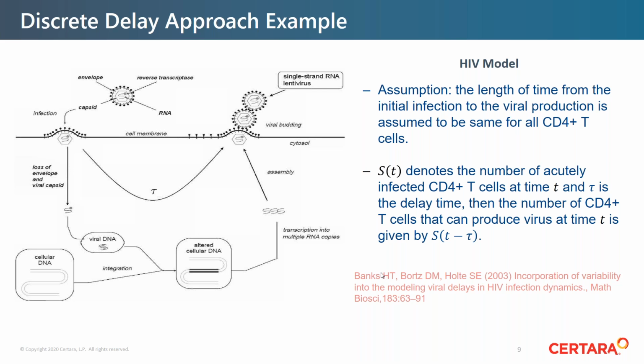In this HIV model, it's assumed that the length of time from initial infection to viral production is the same for all the CD4 T cells. Now, if I let ST denote the number of acutely infected CD4 T cells at time t, and tau is the delay time, then the number of CD4 T cells that can produce virus at time t is given by S(t minus tau).